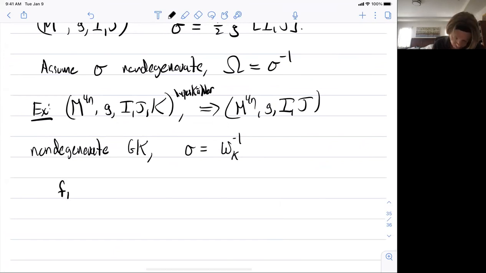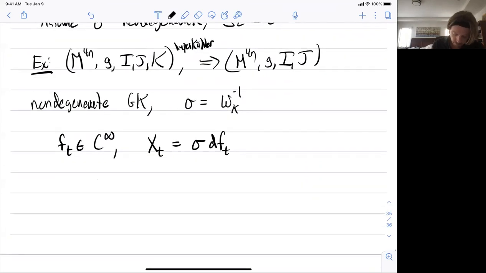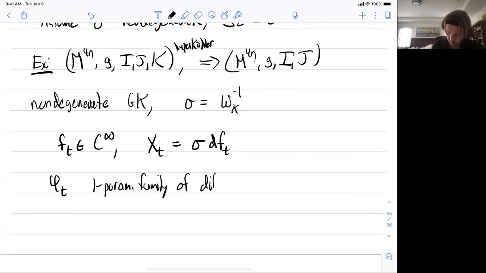So if I have a one parameter family of smooth functions f t, and then X t is sigma d f t, so I can get these Hamiltonian vector fields X t, and then phi t is the one parameter family of diffeomorphisms generated by X t.